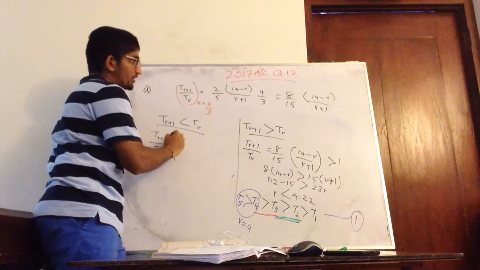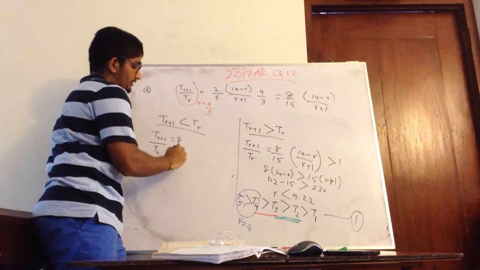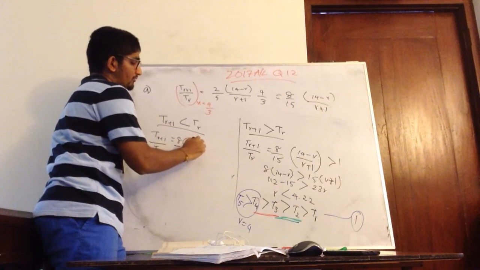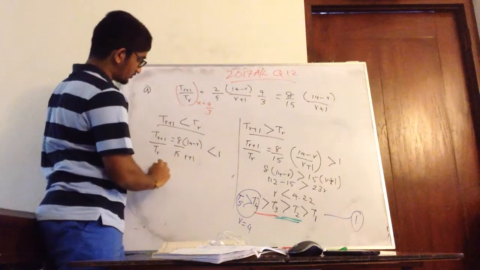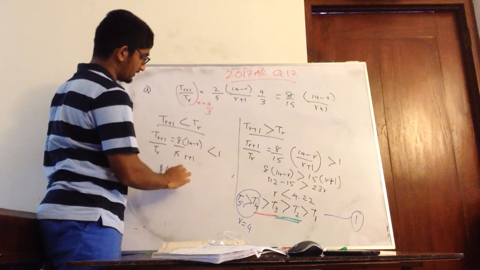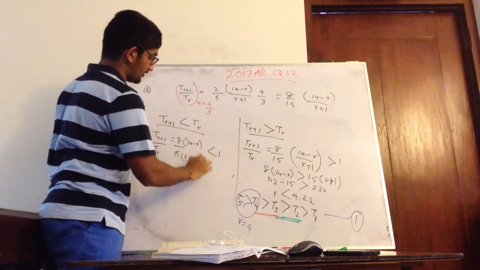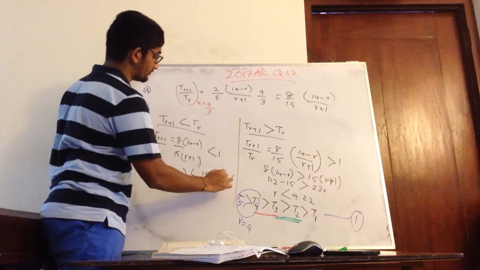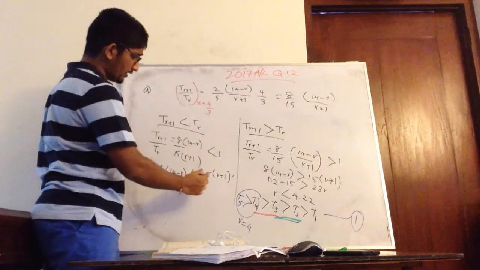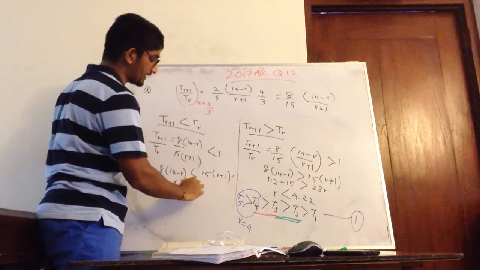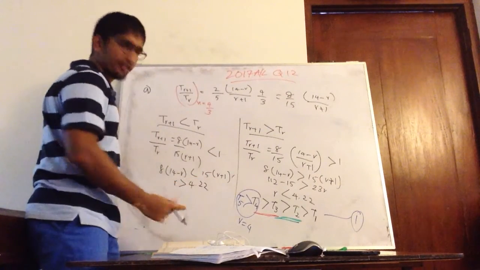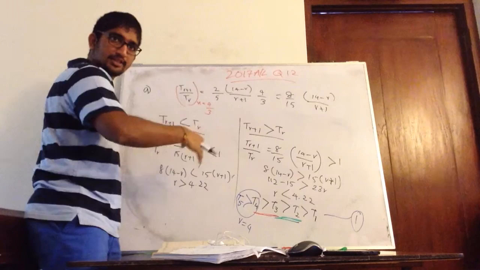Correct, no? So I will get 8(14 minus R) less than 15(R plus 1). So I will get the same thing, no? But I will get R as greater than 4.22. Right? Exact same arithmetic here, no?